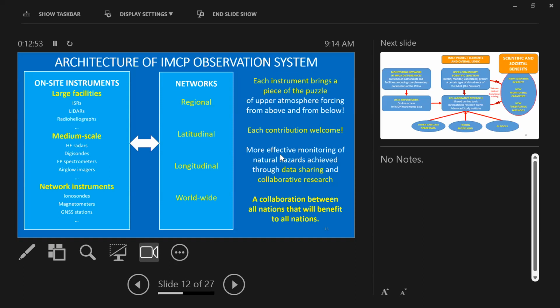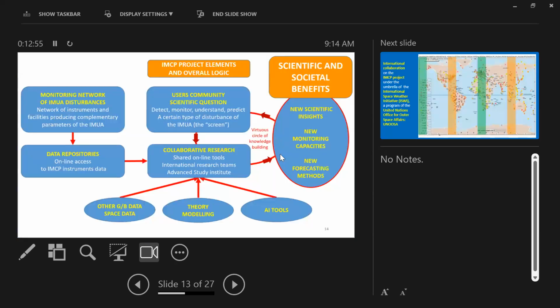In terms of project logic, we can do simple and we can do progressively more complex. To the left, the project can start with simple case-to-case collaborations between teams on monitoring disturbances of the upper atmosphere through exchange of data. Then you can develop data repositories to facilitate the exchange of data.